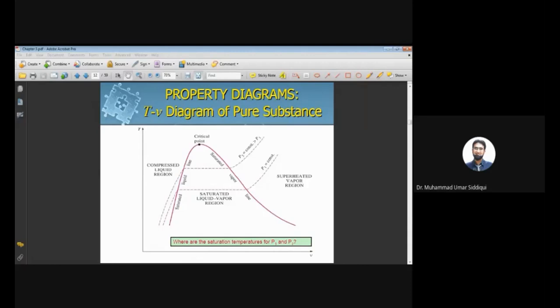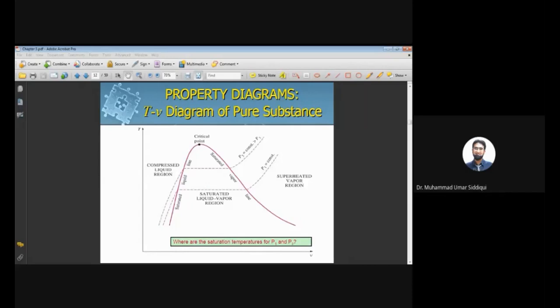And if we keep on increasing pressure, the saturated liquid-vapor mixture region keeps on decreasing, and a time comes when the saturated vapor and saturated liquid points become one, and that is the critical point, where there is no saturation region. It's just one point, known as the critical point.